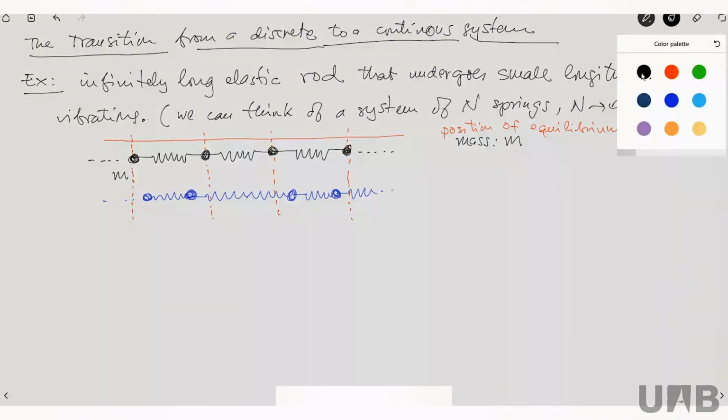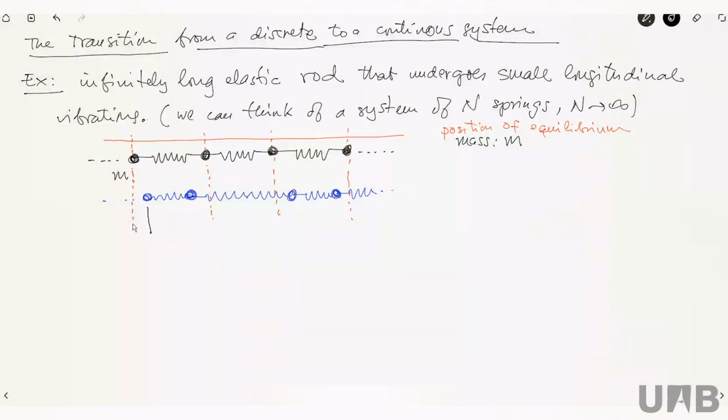So I'm going to call this displacement q_{i-1}, this displacement q_i, because that's going to be the particle i-1. This is the particle i. This one here is q_{i+1}, because this is the particle i, and this is going to be the particle i+1, and this will be i+2.